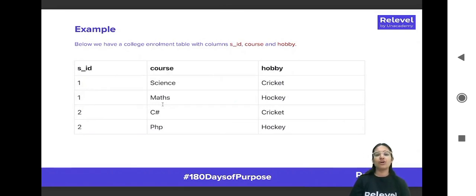Let's say here we have a college enrollment table with the columns student ID, course and hobby. Every student can be a part of multiple courses. Student 1 is a part of science, and also of maths, and corresponding to that, their hobbies include cricket as well as hockey.